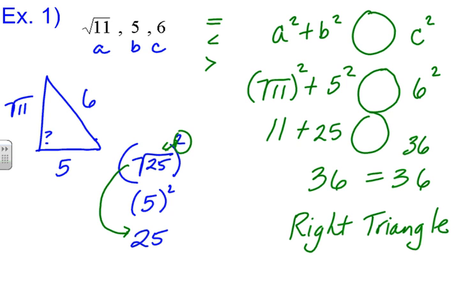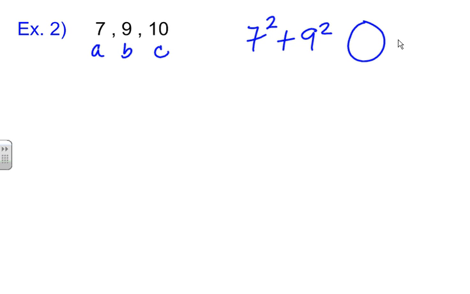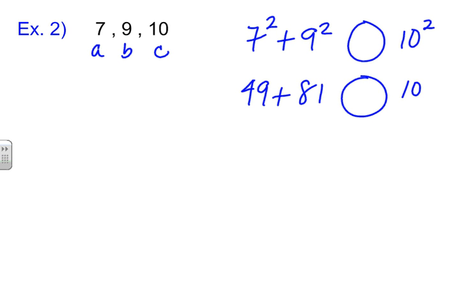We're going to try it a few more times. Once again, here is a triangle with sides of 7 and 9 and a hypotenuse of 10. So we put it in the formula, 7 squared plus 9 squared, and again, how does it relate to 10 squared? We know 7 times 7 is 49, and 9 times 9 is 81. And 10 times 10 is 100.